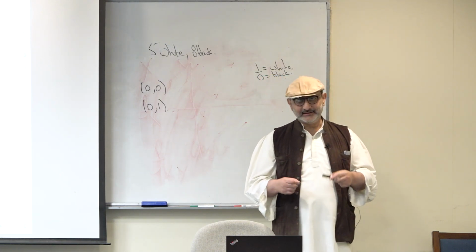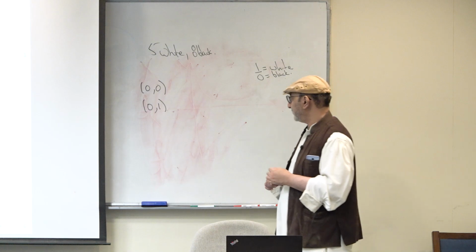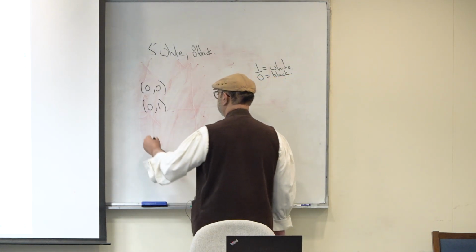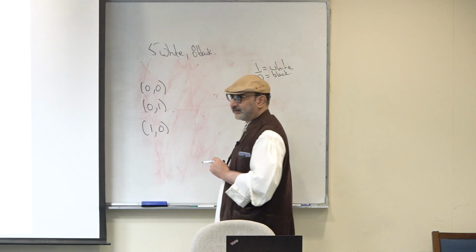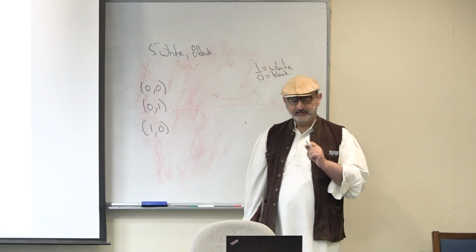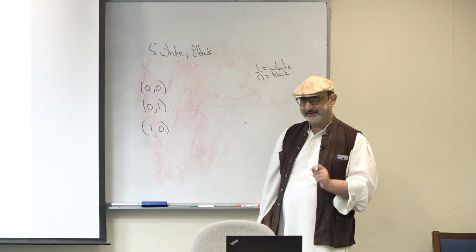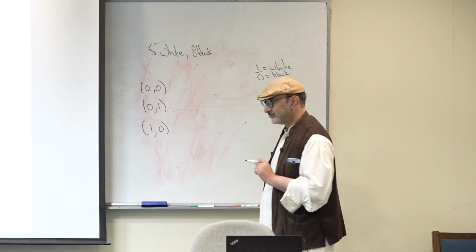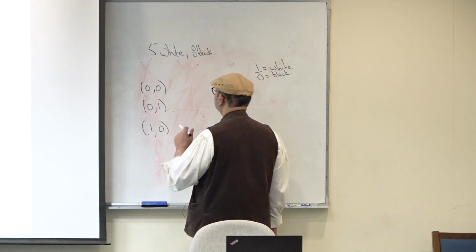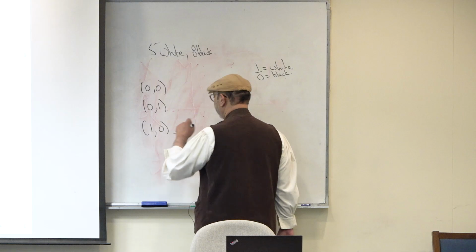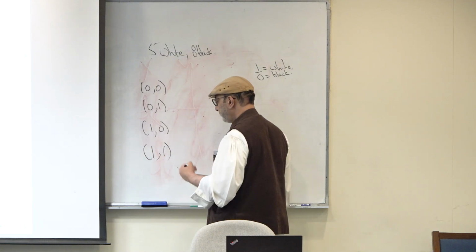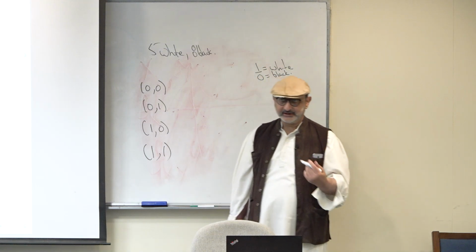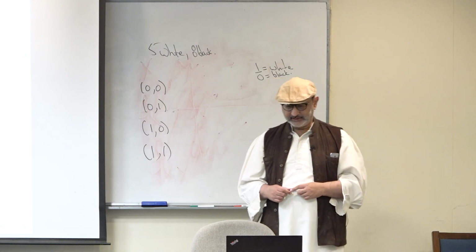You drew a black and then you drew a white. (1, 0) means you drew a white and then a black.